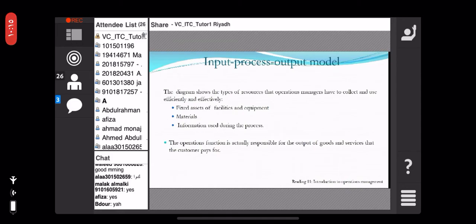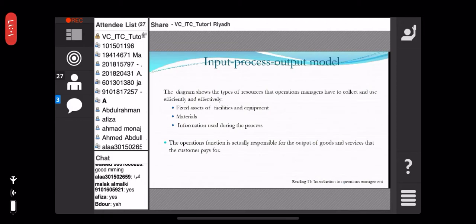Materials are what material they used, such as in a restaurant industry, a hotel industry, a retail industry, and any other organization. The third one is information used during the process. This is the main thing when they are dealing with the customers.